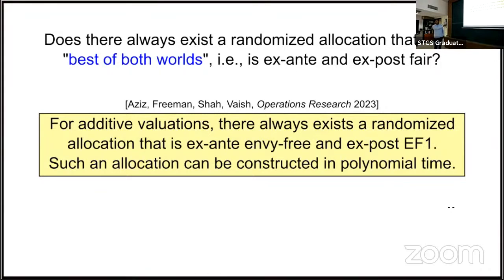You can show that for additive valuations, there always exists a randomized allocation, i.e. a distribution over deterministic allocations, which is fair in expectation. There is no NB in expectation, and any realization is EF1. And also, not only does such a solution exist, you can actually compute it in polynomial time as well.